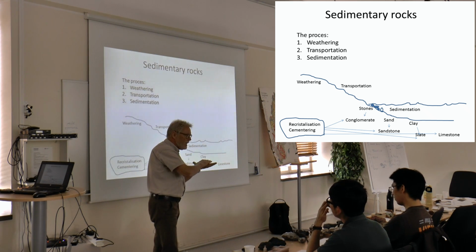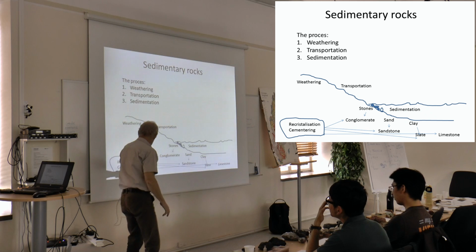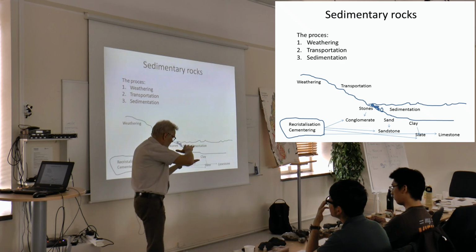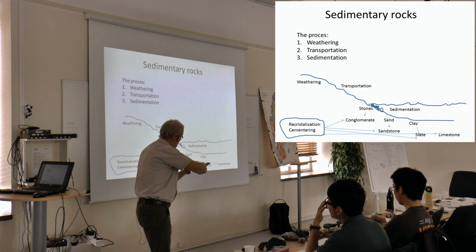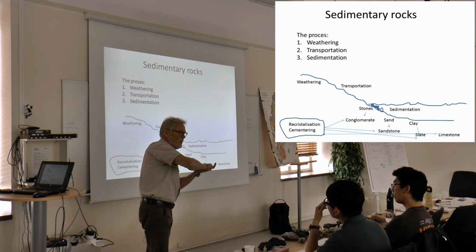There can be some clay, there can be some calcium carbonate inside, and that is what we call cementing. The sandstone will stay as a stone. The sand will be a stone.